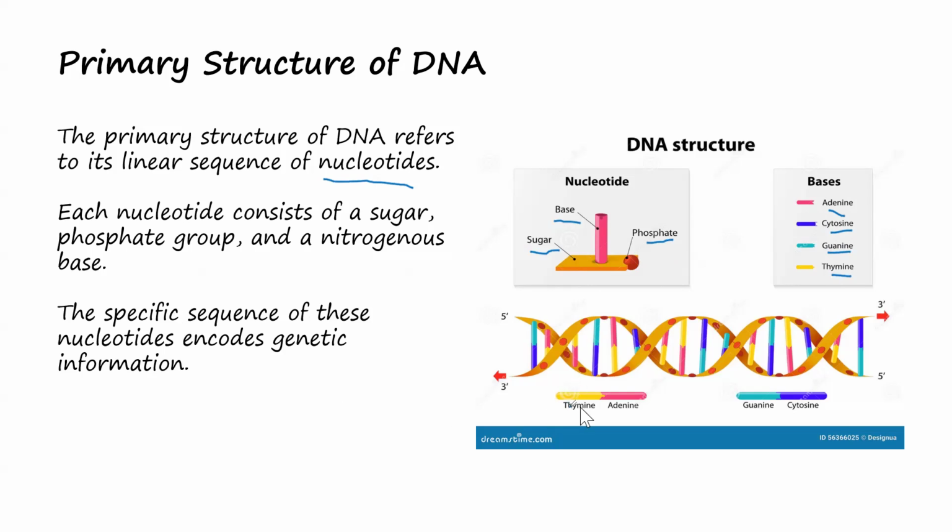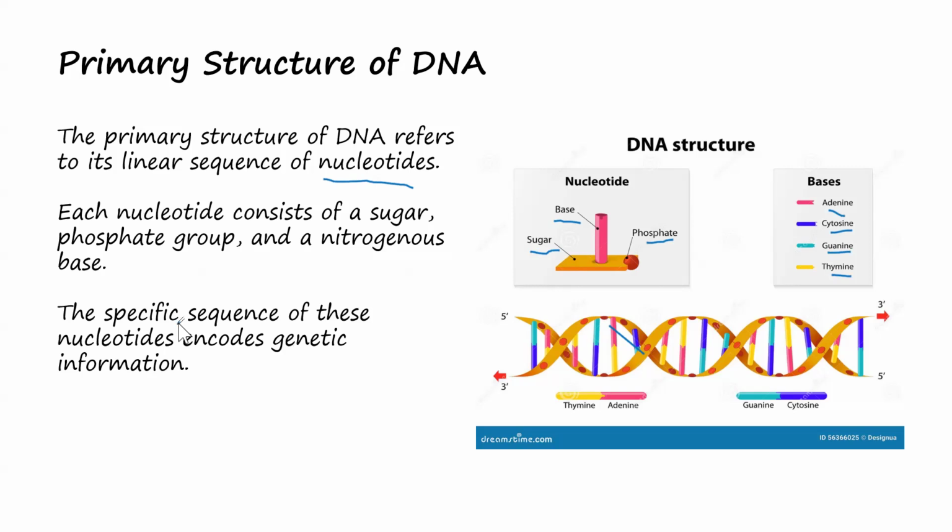See here, this is a typical example of how thymine and adenine are linked together. The specific sequence of these nucleotides encodes genetic information. We are coming to that soon.